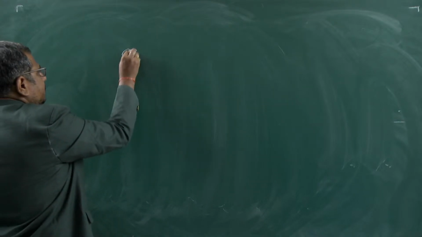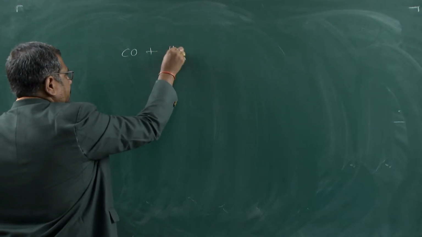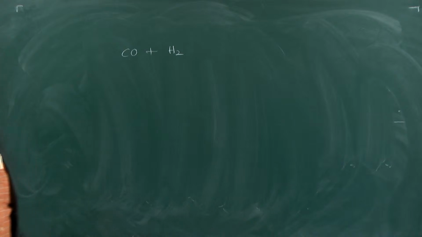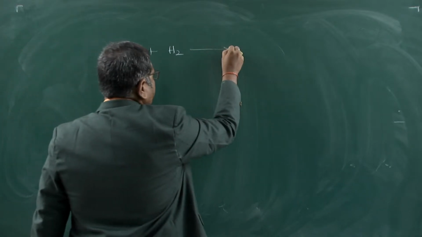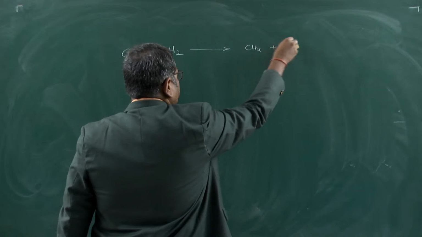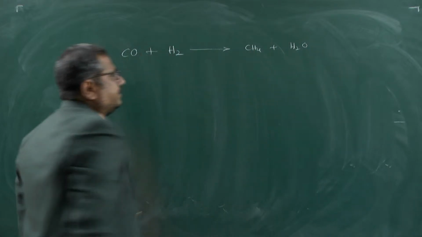Another topic is the specificity and selectivity of the catalyst. If we take carbon monoxide and hydrogen, they react with each other to form methane plus water. This is one reaction.